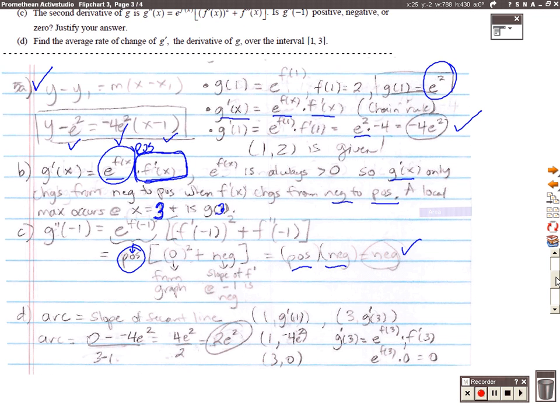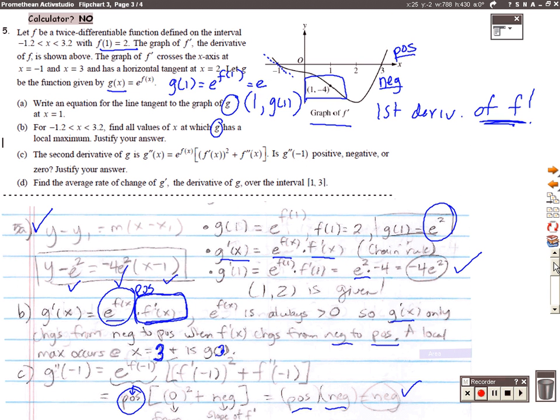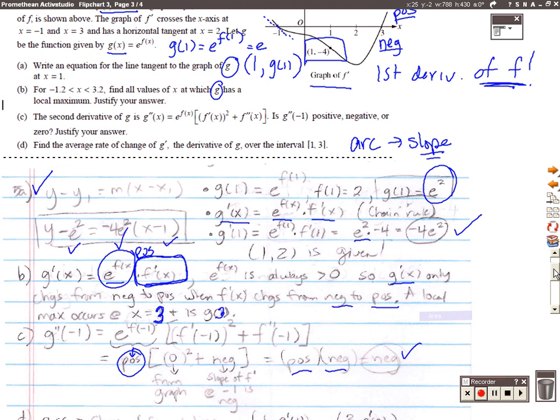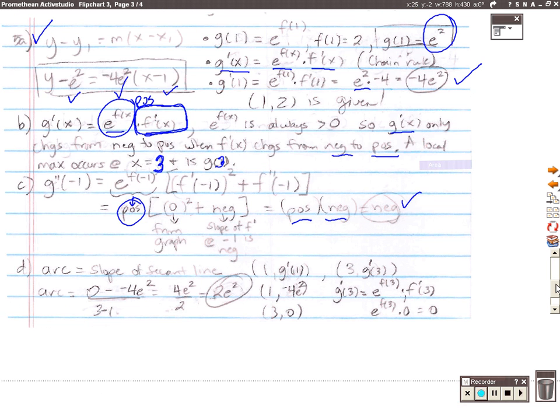And then finally, letter D, find the average rate of change. Average rate of change is ARC, which tells me I need to find simple slope. The average rate of change of the first derivative of g over the interval from 1 to 3. So average rate of change tells me slope, and so I have an x value of 1.